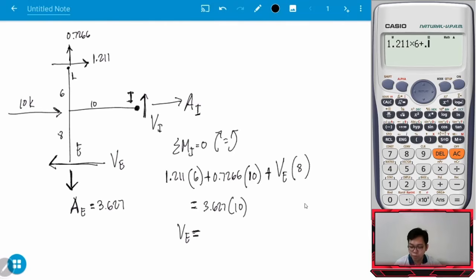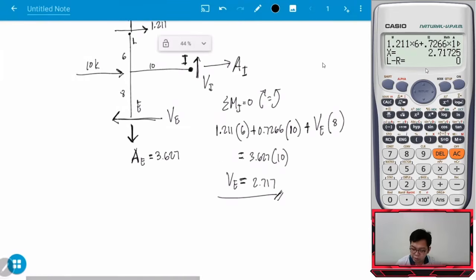Okay, plus 1.211 times 6 plus 0.7266 times 10. Okay, and then plus 8 VE. That must be equal to 3.627 times 10. Okay, so shift solve na natin. Yan, 2.717. So, VE is 2.717 kips.